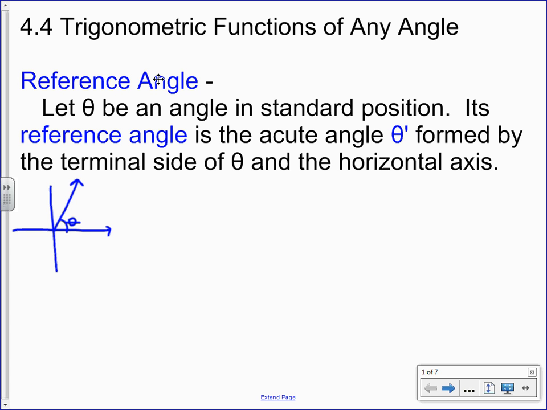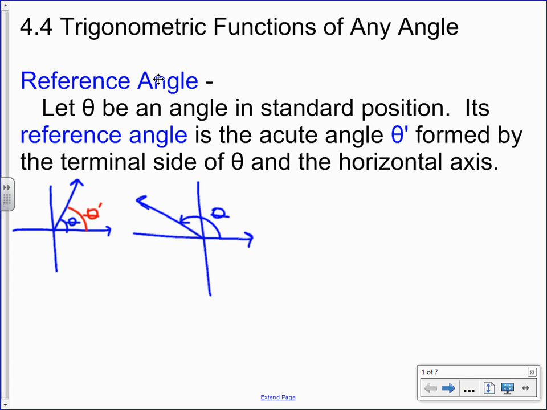First quadrant. It's the same, right? So in the case of a first quadrant angle, your reference angle is the acute angle in the first quadrant.